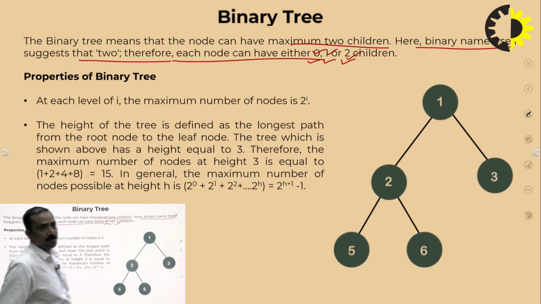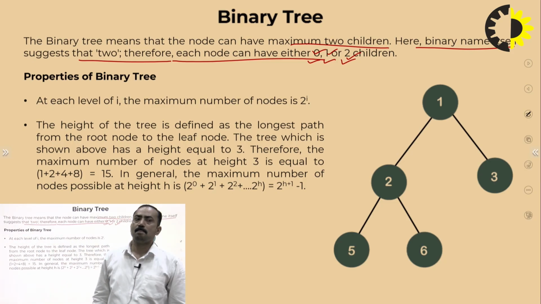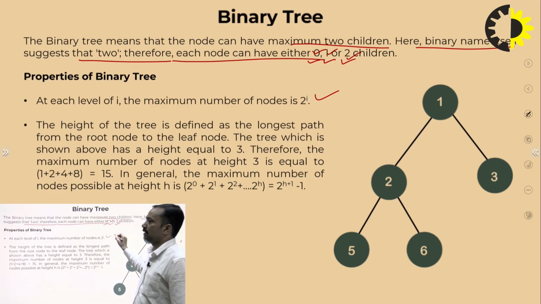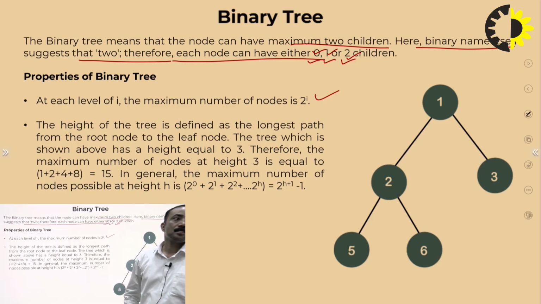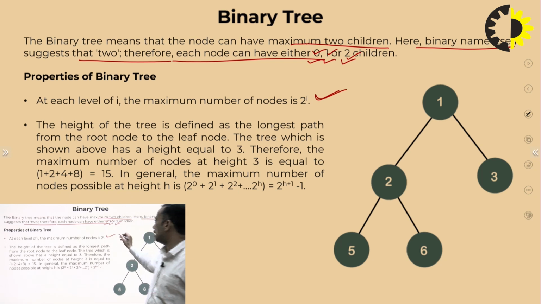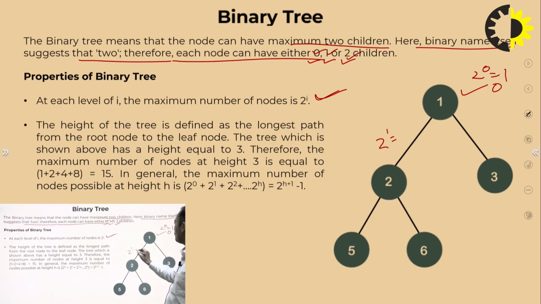And the properties of a binary tree: at each level i, the maximum number of nodes is 2^i. This is level 0, so the maximum number is 1. This is level 1, so the maximum nodes will be 2.